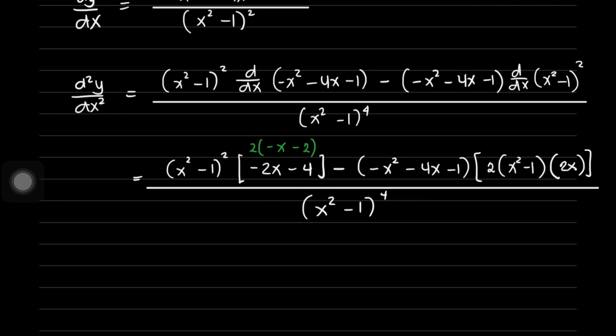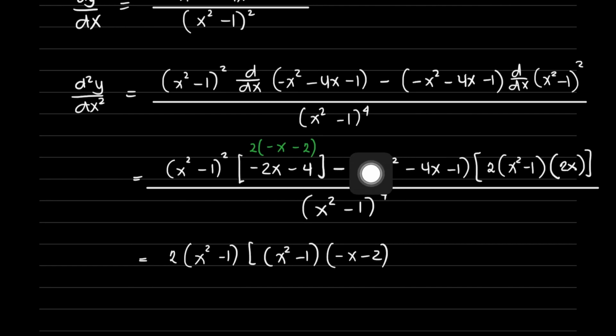So the common factors are 2, because we have 2 here and we also have 2 in here, and x squared minus 1, because we have x squared minus 1 here and x squared minus 1 in here. So if we bring out 2 and x squared minus 1 in this term, our remainder would be x squared minus 1 multiplied by negative x minus 2.